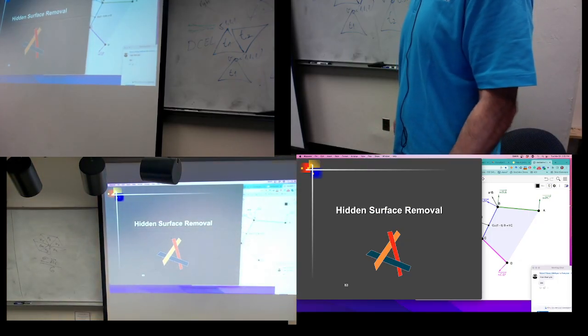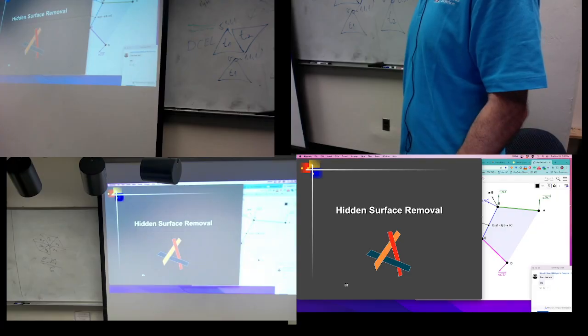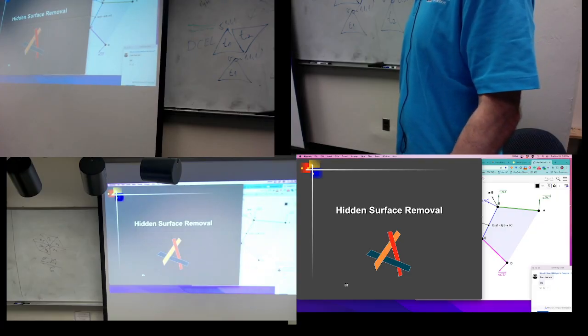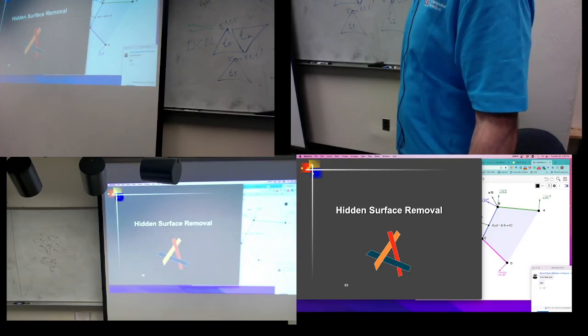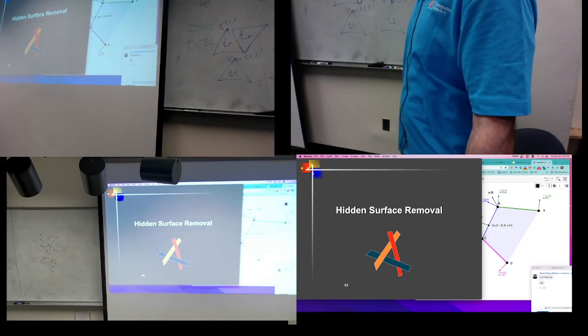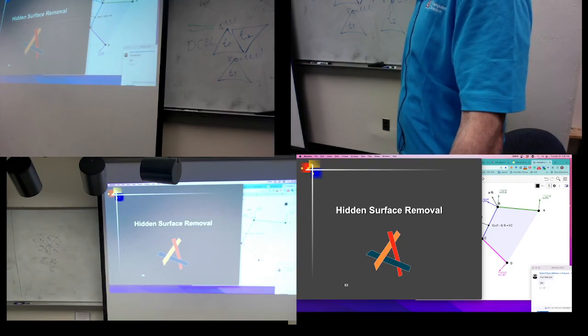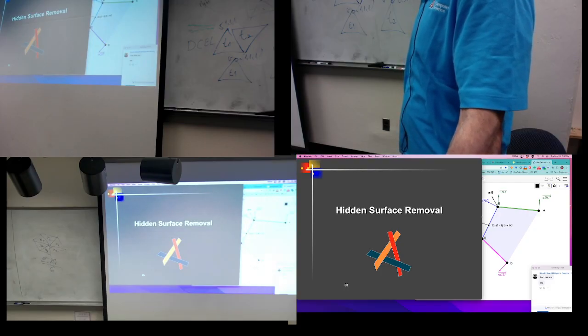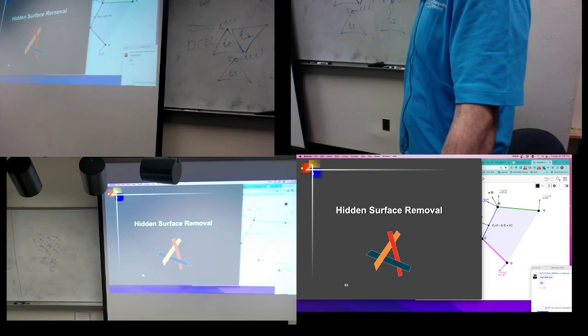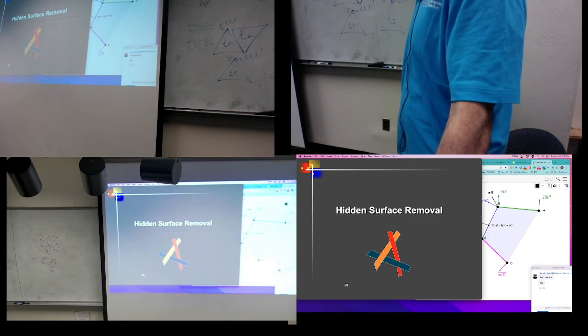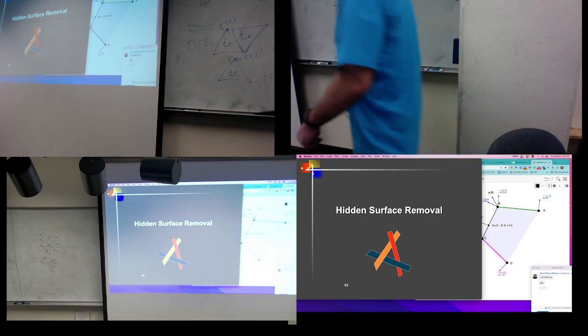Let's talk about how we create a 3D effect in geometric shapes. I want to create the idea that these triangles, these polygons, are living in 3D, and for this I need to solve the very, very hard problem, computationally very hard problem, of hidden surface removal.